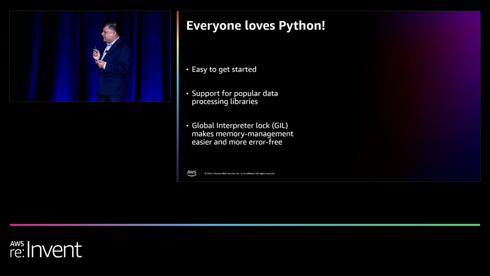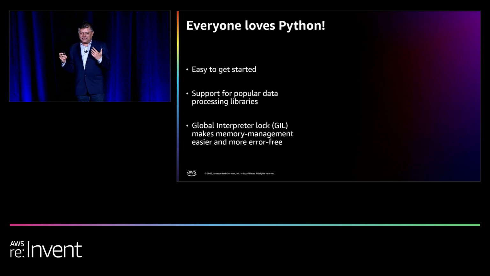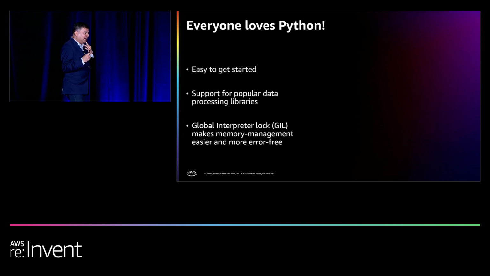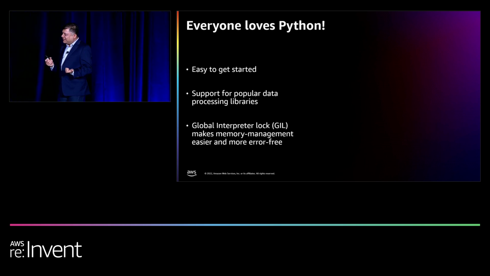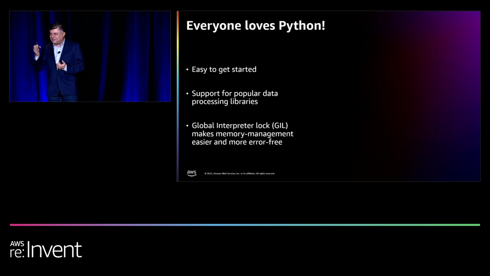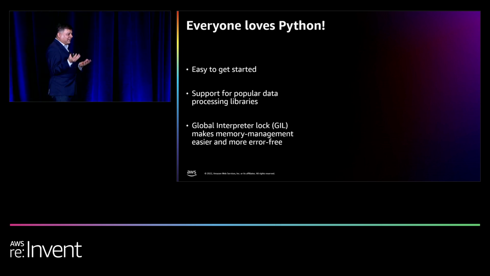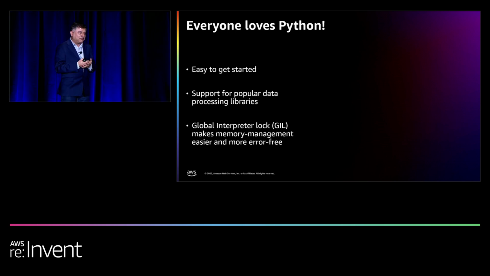Now, everyone loves Python. This is one of those things where my 11-year-old son is also learning Python. It's easy to get started. And anyone who has done malloc in C probably can relate to the ease of programming. You don't have to take care of a lot of memory management.